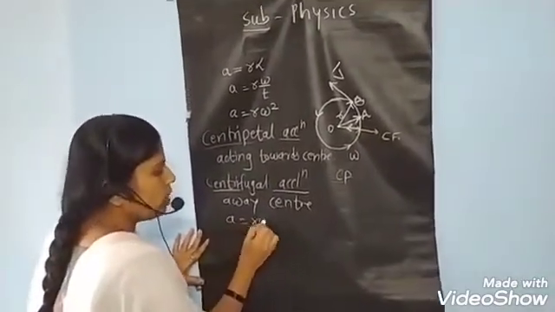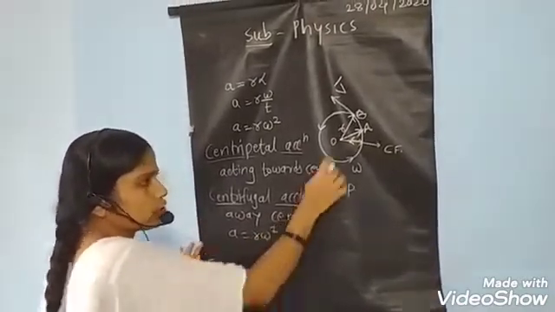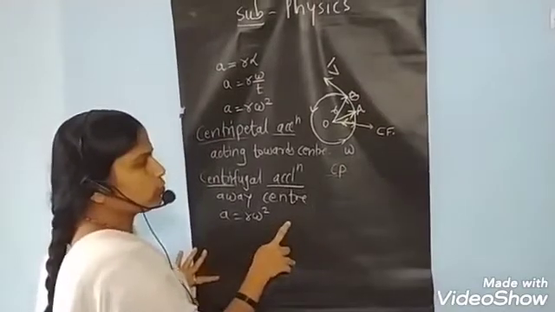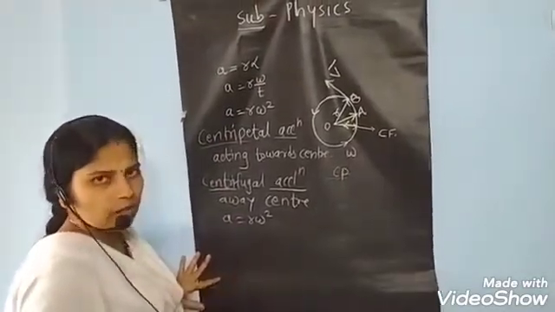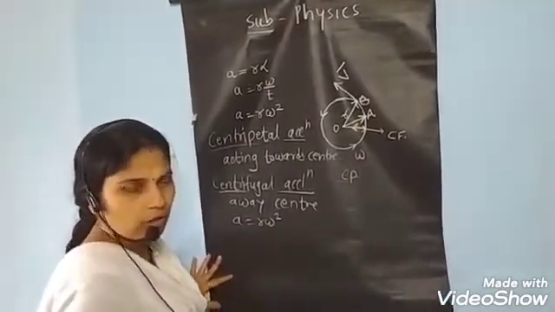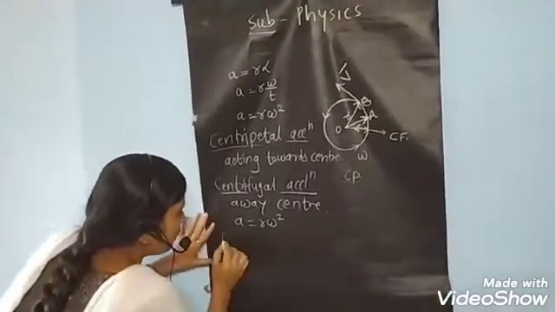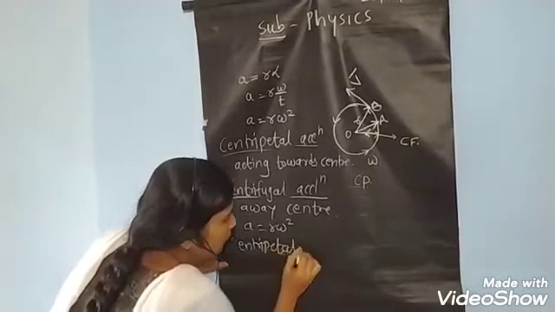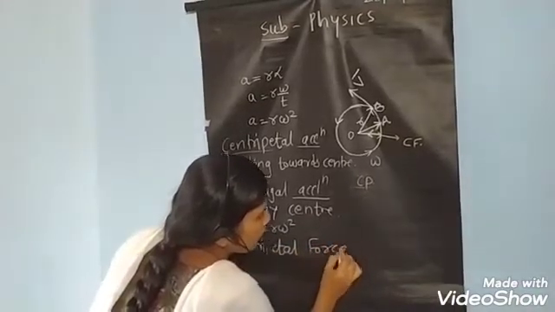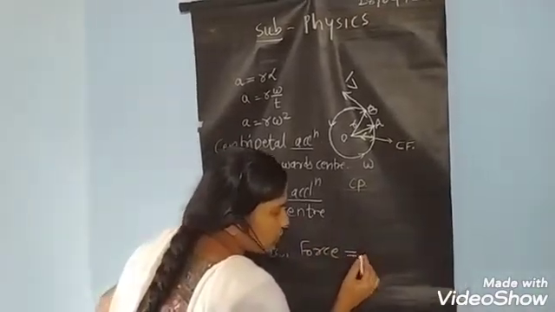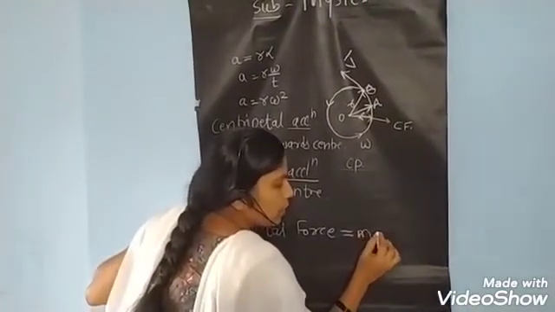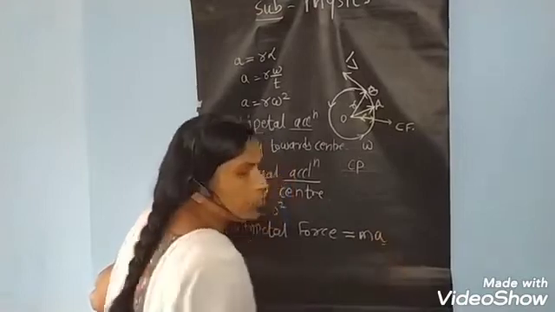The equations for both types of acceleration are the same, a is equal to r omega square, but the directions of the two accelerations are different. With the help of these, we get centripetal force and centrifugal force. Centripetal force is given by the formula m into a, where a means acceleration.